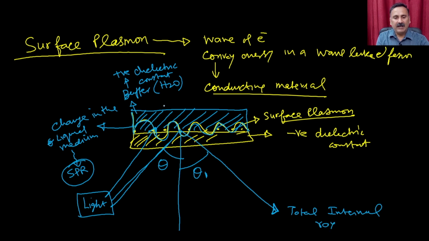Okay, now what will happen is that if you are making a modification in this external environment, for example if you are introducing a ligand molecule, you are changing this particular surface, right? And because you are changing this particular surface, if you make the media denser, right?